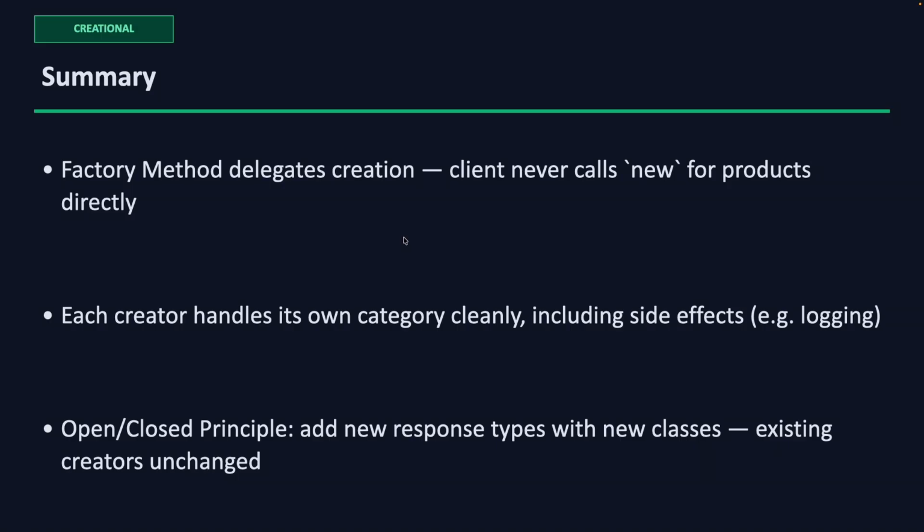It does all this without the client knowing or caring which concrete type it receives. The pattern pays dividends when we need to add new response types without touching existing code, when different creators need different side effects like logging, and when you want each creator to be independently testable.